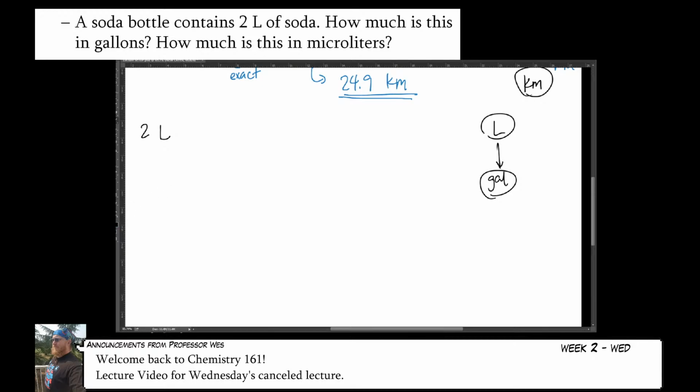So I had to look this one up too, because I don't know how many gallons are in a liter. And what it says is 1 gallon equals 3.78541 liters. I'm just going to write that many liters.